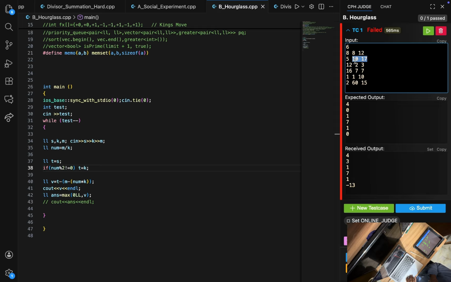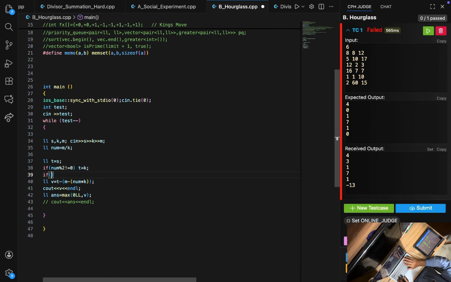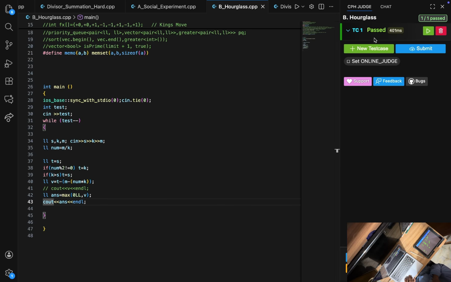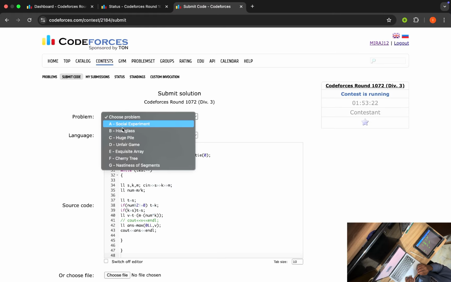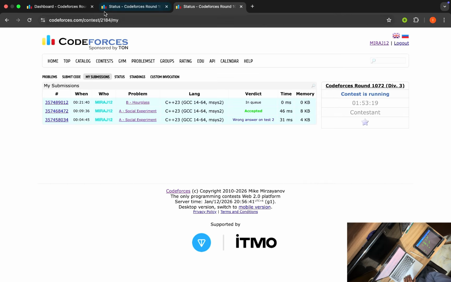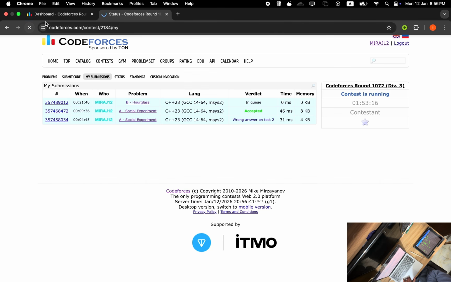For 1 I get, if k greater than s, t equals k, so t equals s. Okay, that one got AC.